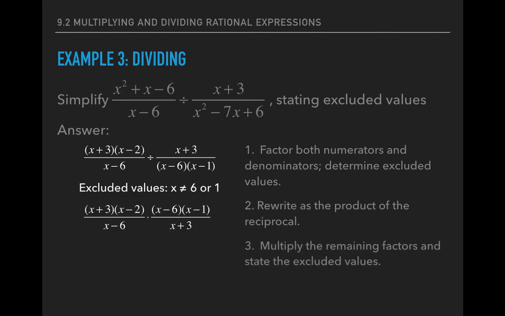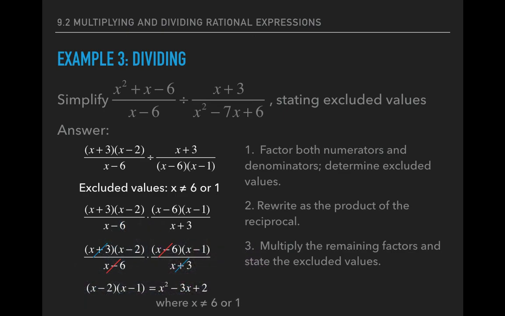Now we will try to simplify and multiply like we've been doing. Like factors in the numerator and denominator can be canceled. And the result would be x minus 2 times x minus 1 in the numerator. We've eliminated everything from the denominator.